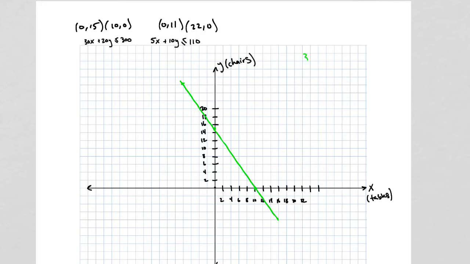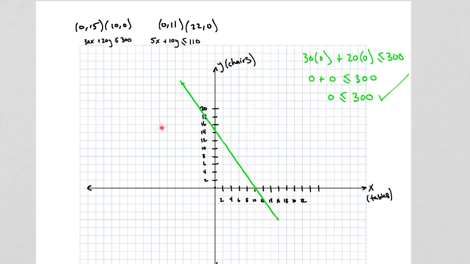So we have 30 times 0 plus 20 times 0 is less than or equal to 300. So it's going to say 0 plus 0 is less than or equal to 300. Well, sure enough, 0 is less than or equal to 300. So we're going to say that this test point at the origin that we just plugged in makes the equation ring true.